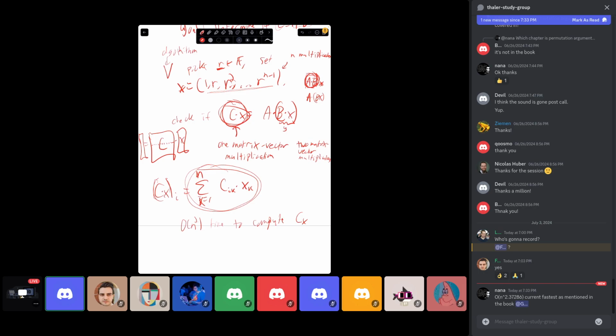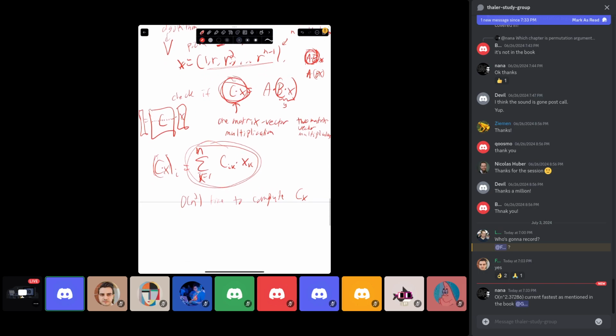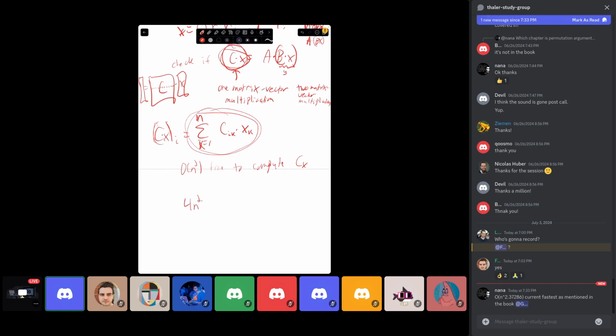Once you have X, you do 3 matrix vector multiplications, each of which is n squared field multiplications. So in total, that's something like 4n squared multiplications, and some number of additions also. I don't want to count them exactly, but it's order n squared field ops in total.